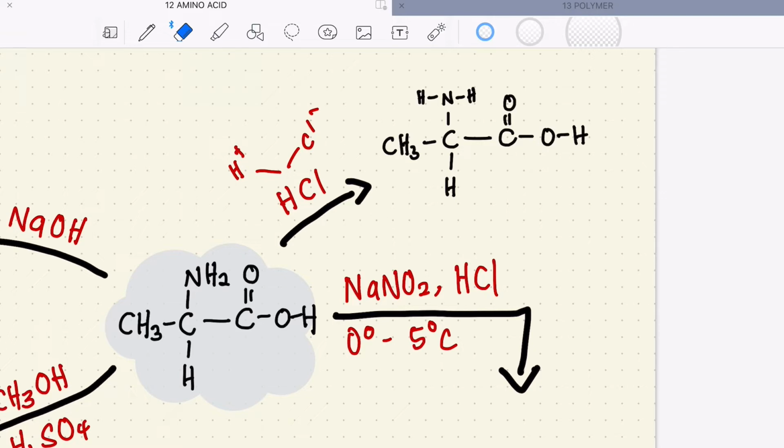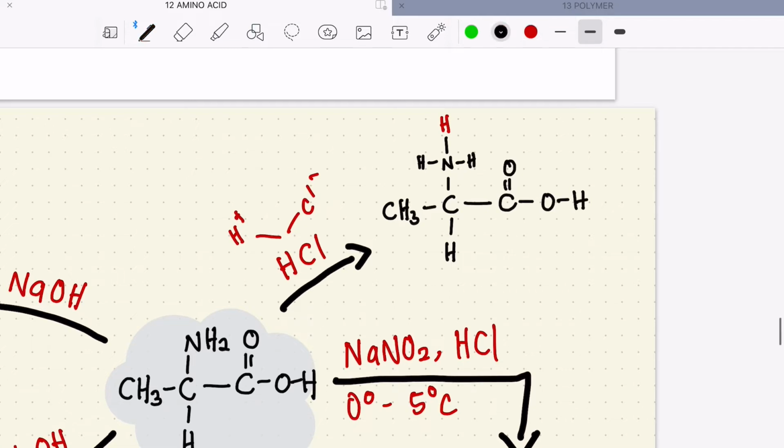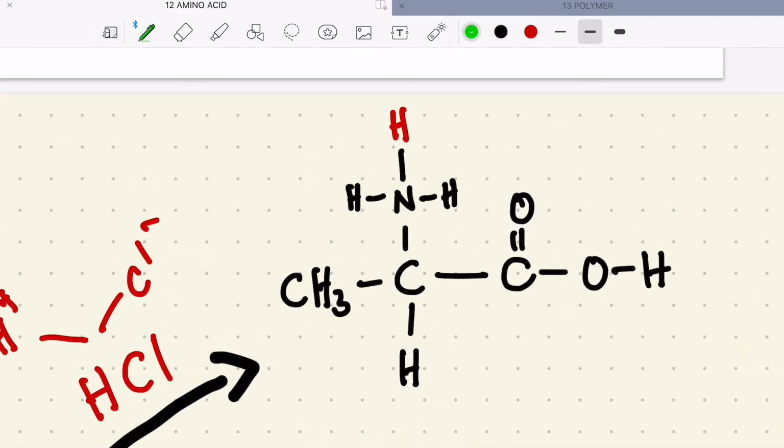They will form a new bond with the H, and this makes N become positive, because if you count the electrons around N, 1, 2, 3, 4, and we know the valence electron for N is 5. This makes the formal charge for N positive.